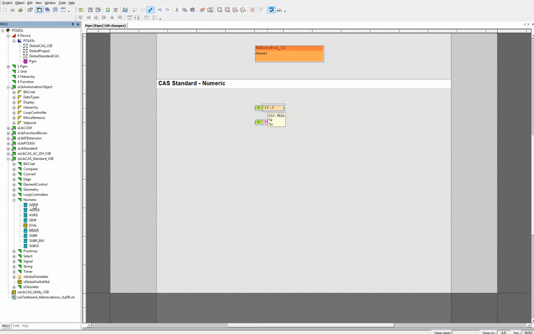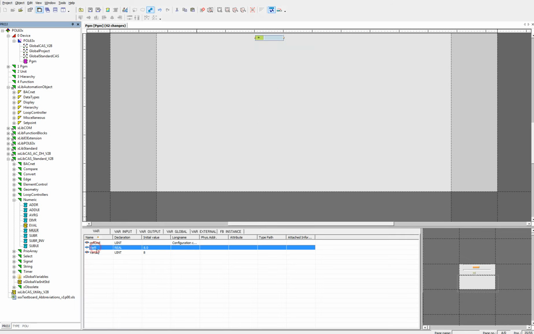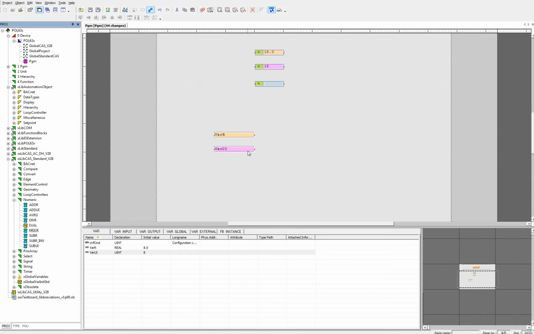We can also write the value into the block according to the variable which is used inside. So let's define a variable for real or unsigned integer.